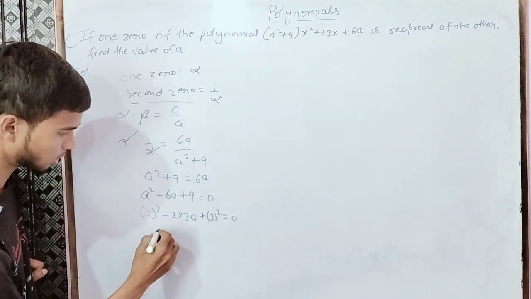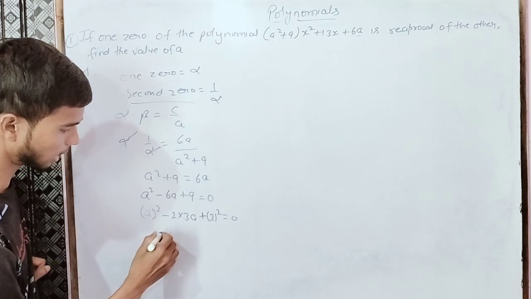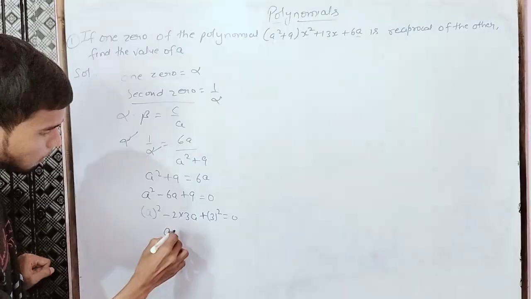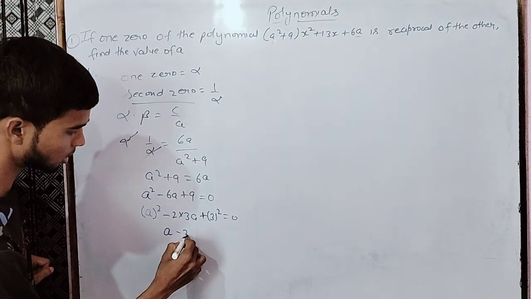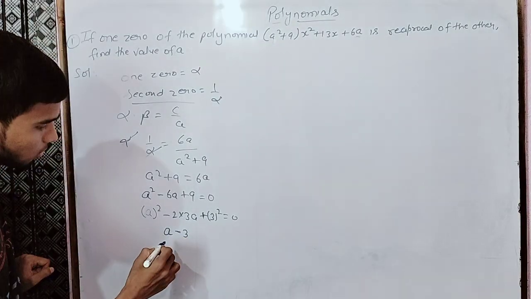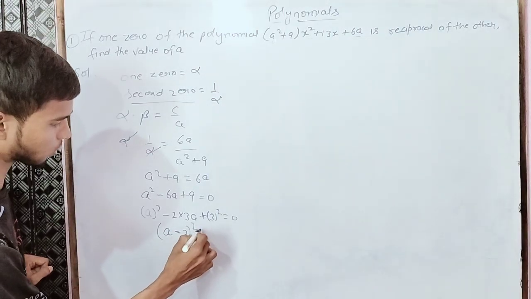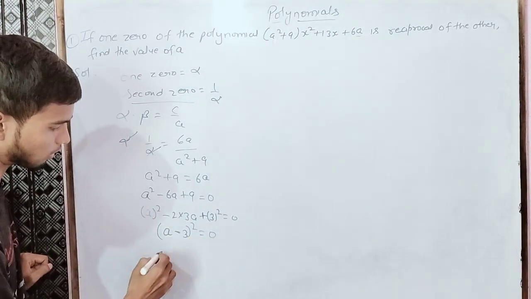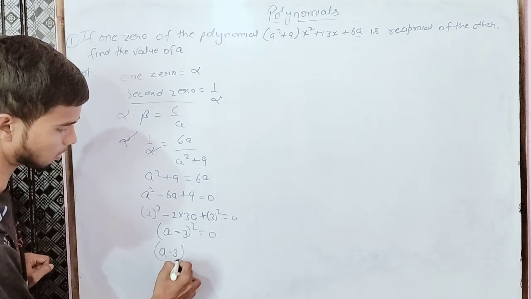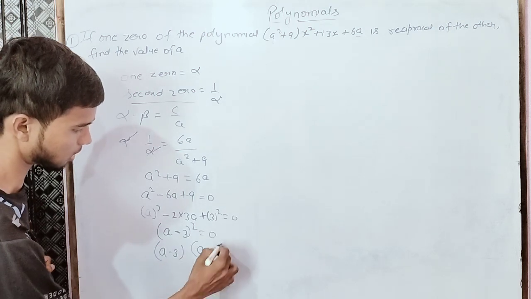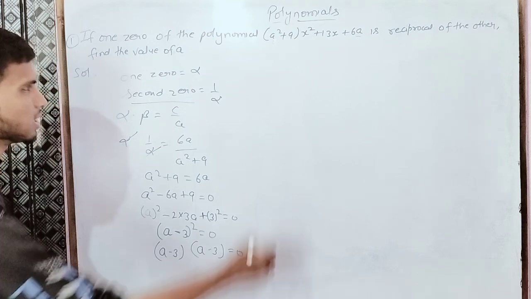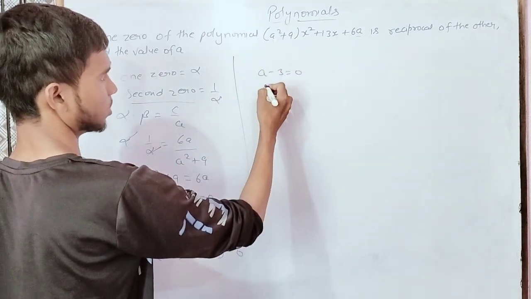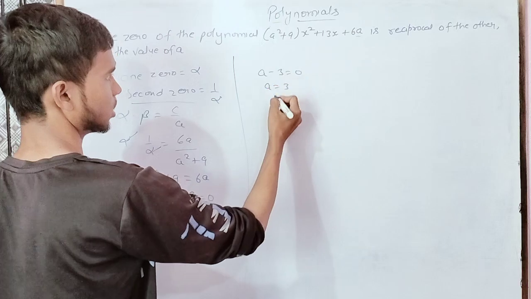Now we can write it as what? a minus 3 a square, isn't it? Of course, this is 2 times, so we will write a minus 3. Is it correct? a minus 3 is equal to 0, so it would be 3.